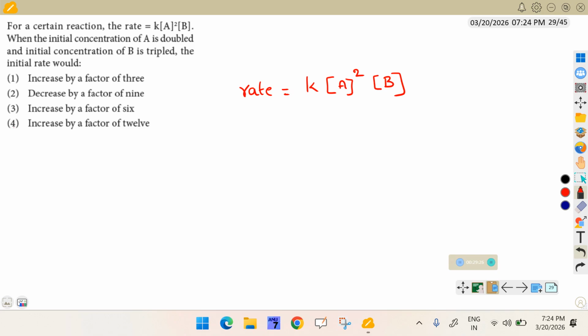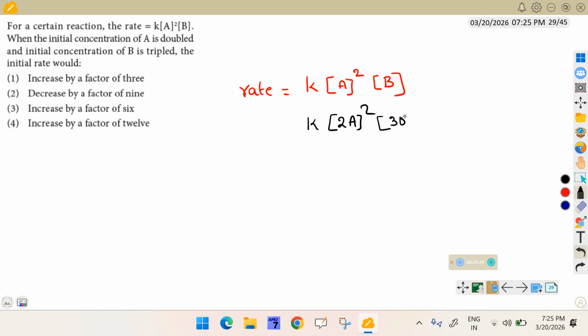For a certain reaction, the rate is equal to K into A square into B. The initial concentration of A is doubled. The initial concentration of B is tripled.